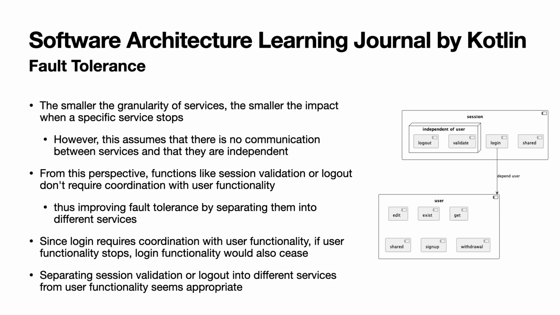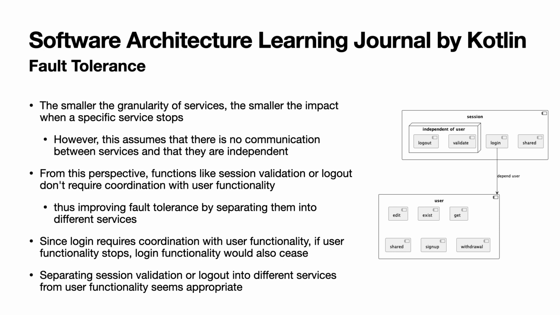Now let's address fault tolerance. A smaller service granularity reduces the impact when a specific service goes down, assuming independent communication between services. From this standpoint, separating the validation and logout functionalities of session from user functionality improves fault tolerance since they don't require coordination with user functionality.